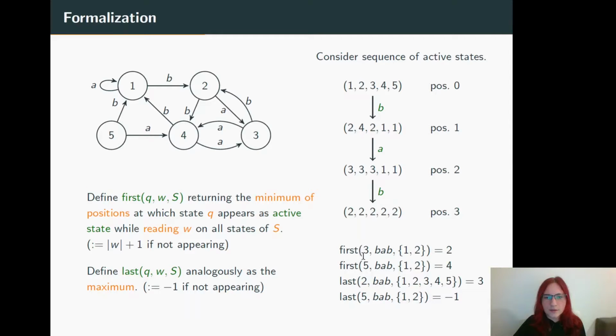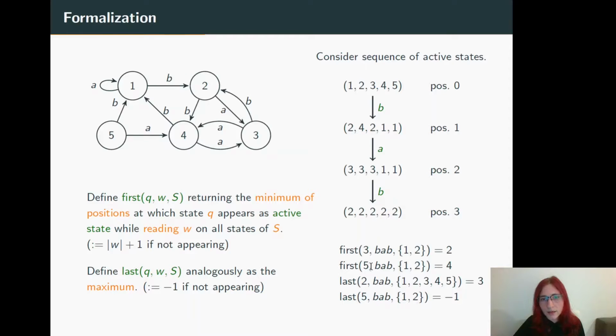First, consider the first position at which the state 3 appears as an active state when we read our input word BAB on the state set 1 and 2. Then it turns out that the state 3 first appears at position 2.